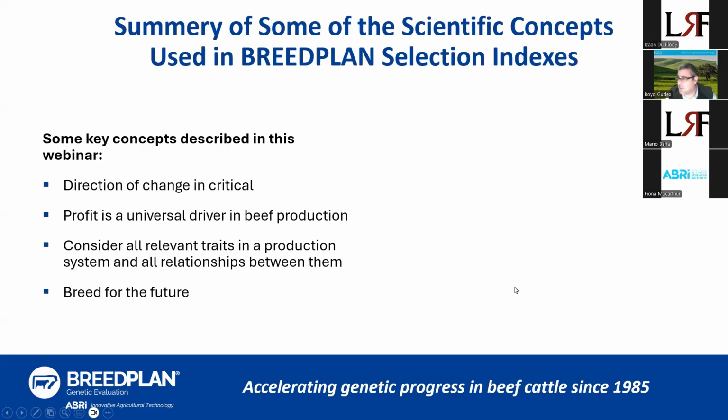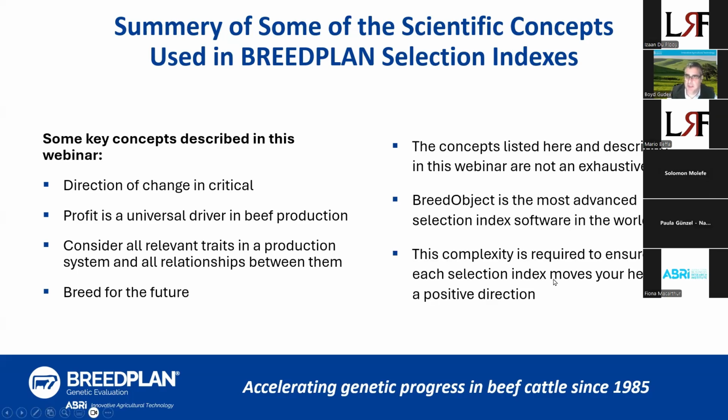So just to summarize some of these key scientific concepts, the direction of change is critical. We want to be making genetic progress, not just genetic change. Profit is a universal driver in beef production. We need to consider all relevant traits and the relationships between them, and we need to breed for the future.